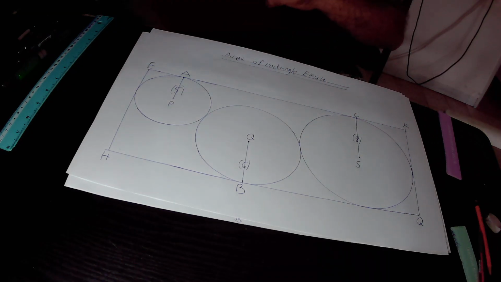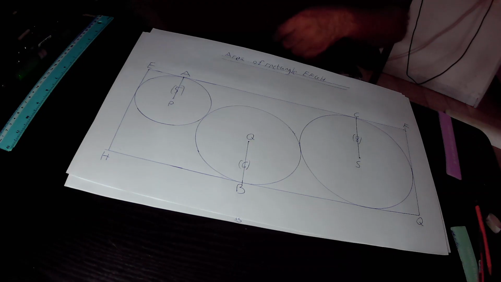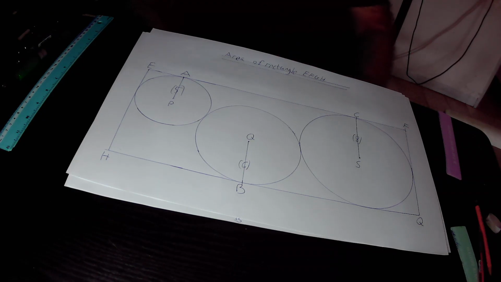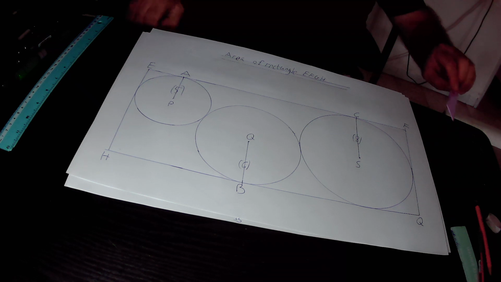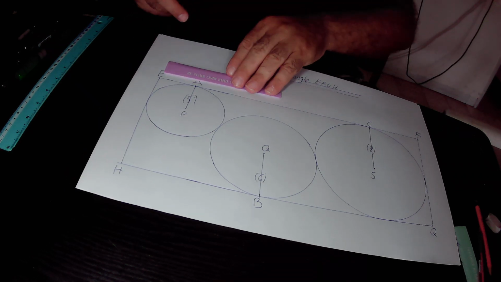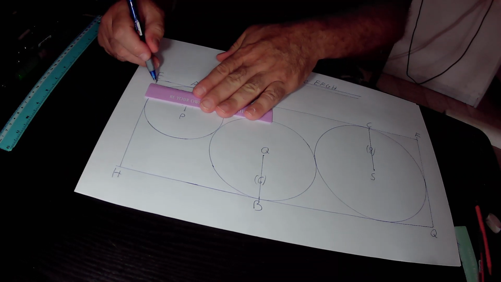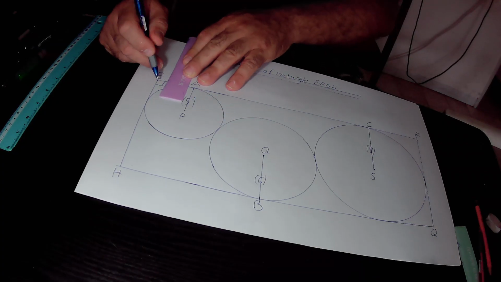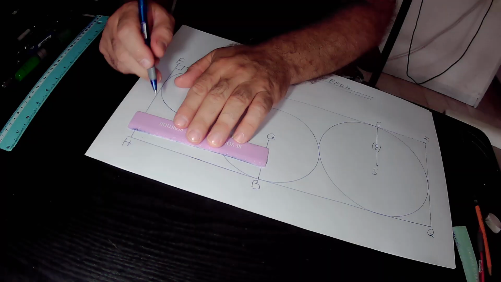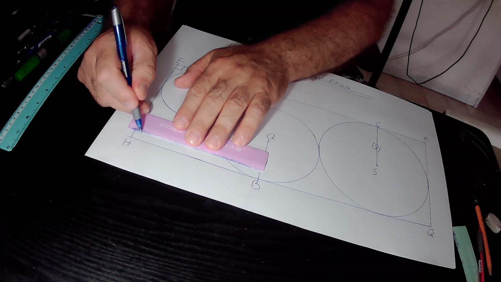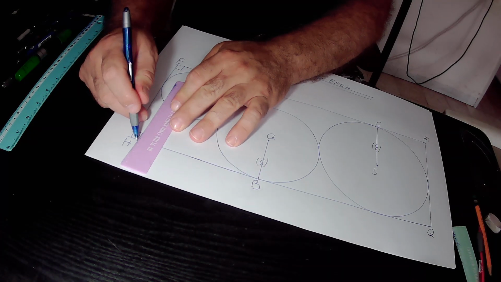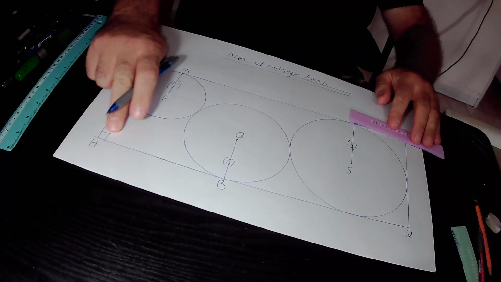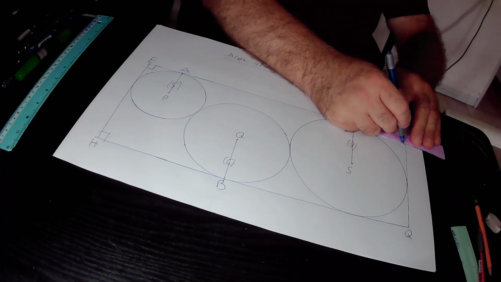So first of all, we know that all the angles inside the rectangle are right angles. So this is a right angle. This is a right angle. This is a right angle.